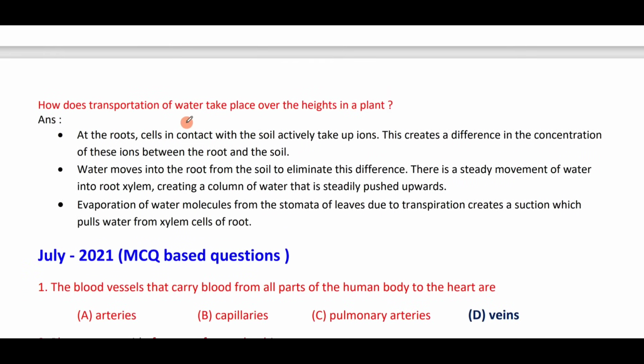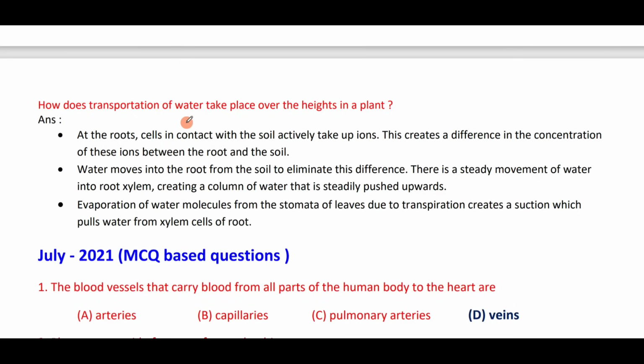How does transportation of water take place over heights in a plant? At the roots, the cells in contact with soil take up ions. Because of this, there is a difference of ion concentration between the root and the soil.